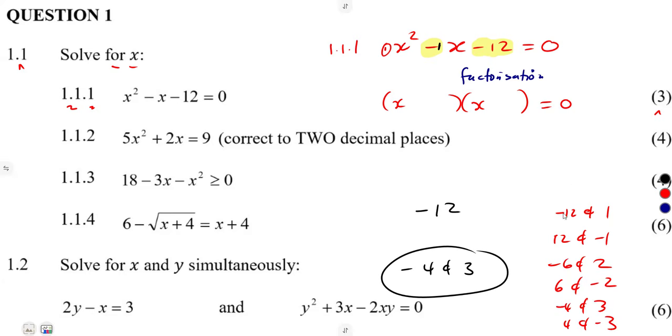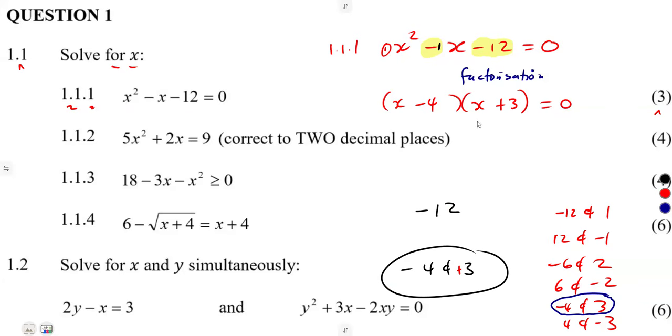All these are factors of -12, the constant. But of these, when you add now, where are you going to have a -1? It occurs on these two, -4 and 3. So that is the one that you're going to consider, -4 and a +3.